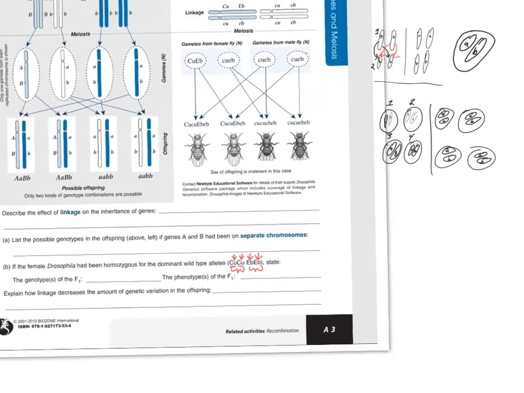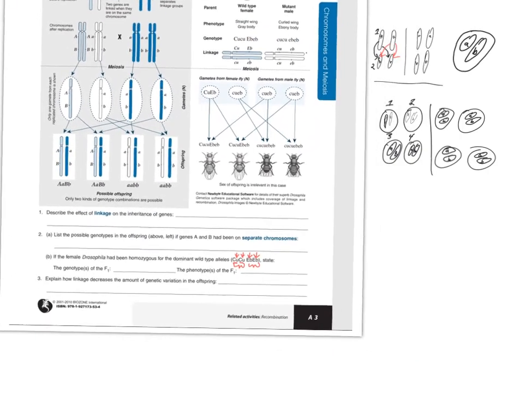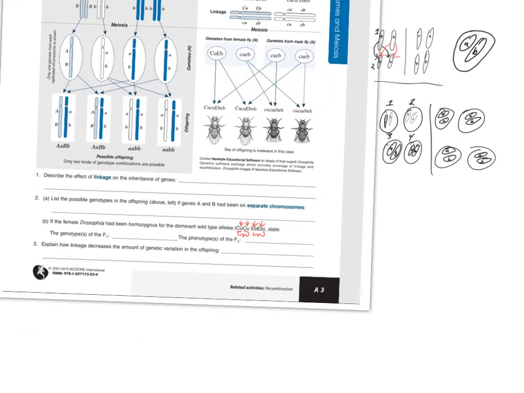So you have this dominant trait, and they're asking you if the female Drosophila had been homozygous for the dominant wild type alleles, the genotypes of the F1 would be what?